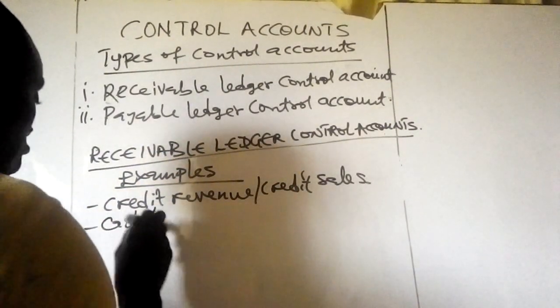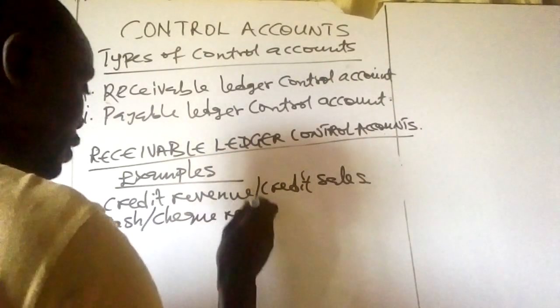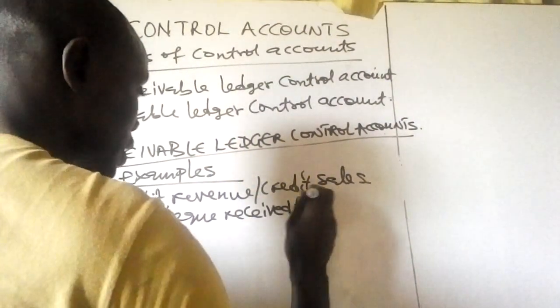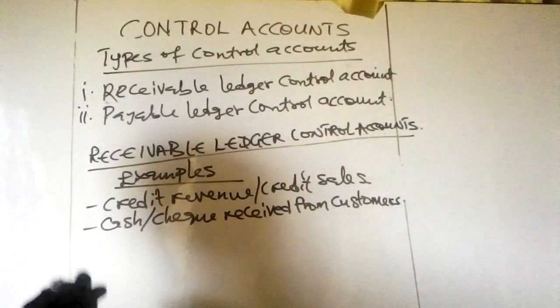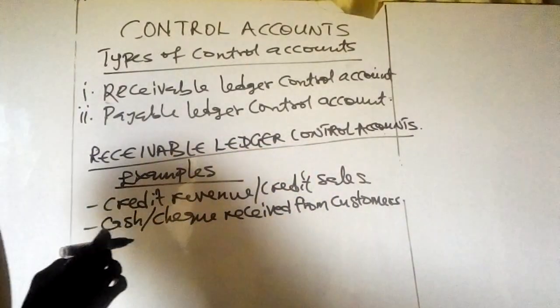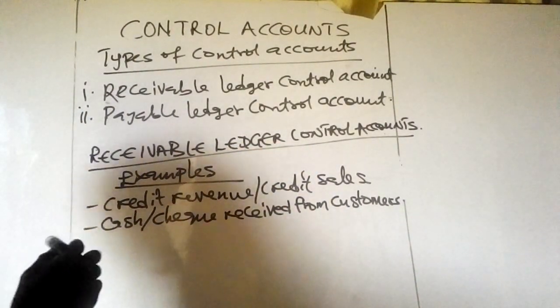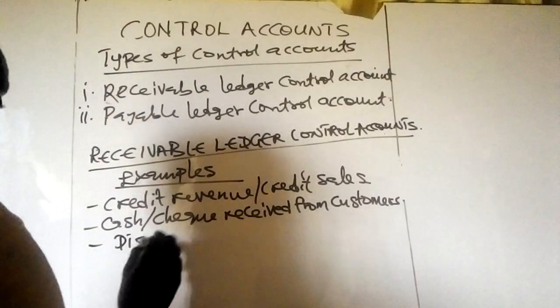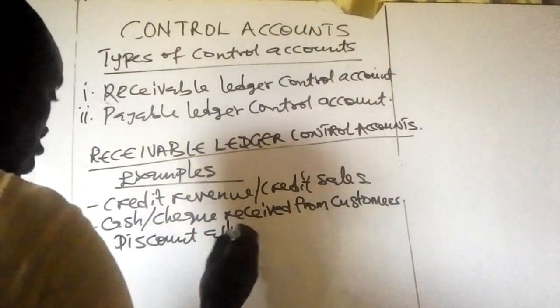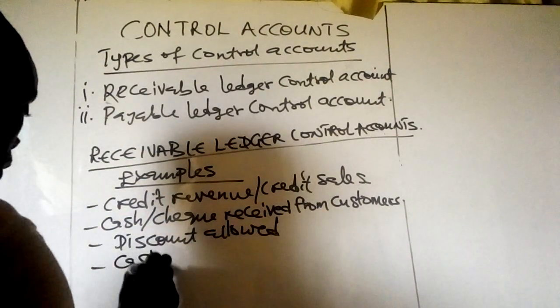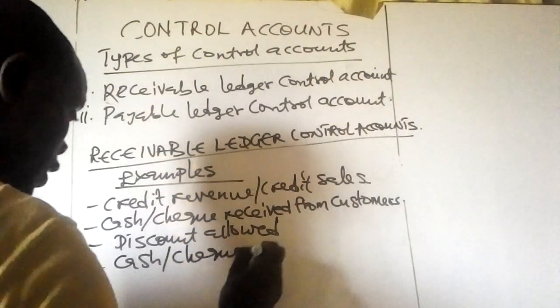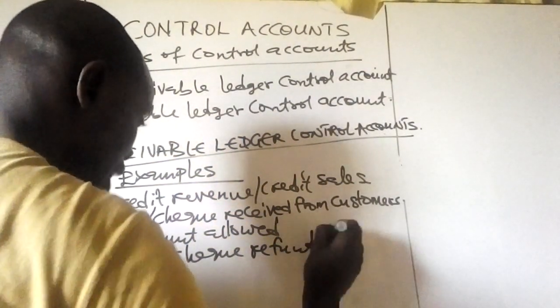Number three, we have the discount allowed. Number four, we have the cash or check refunded.